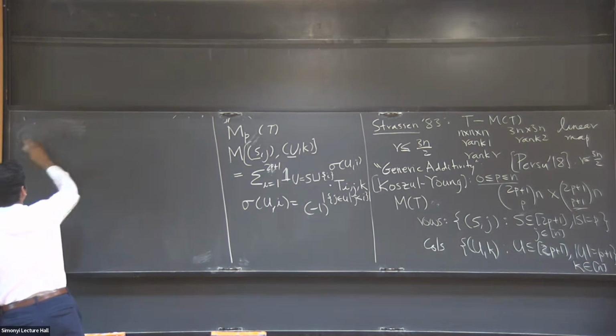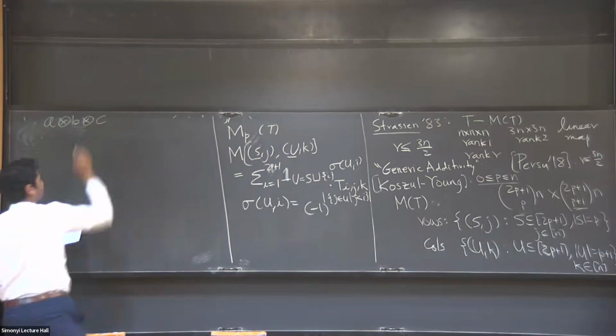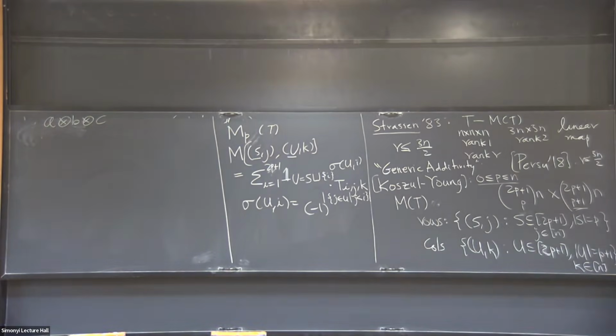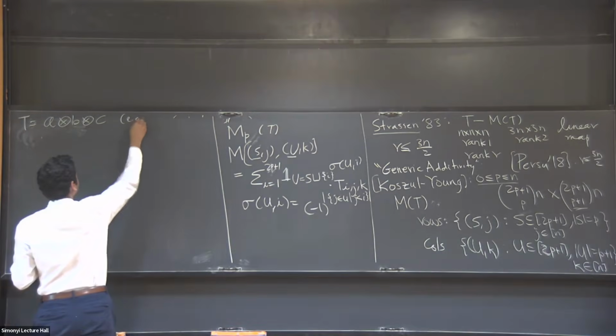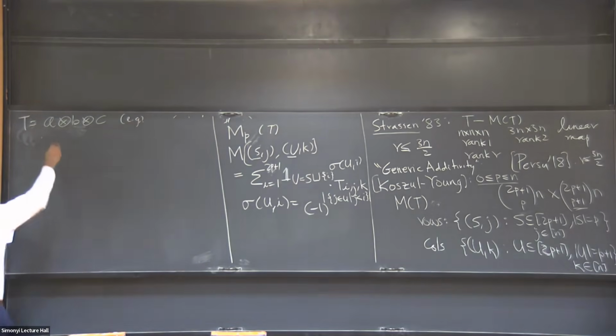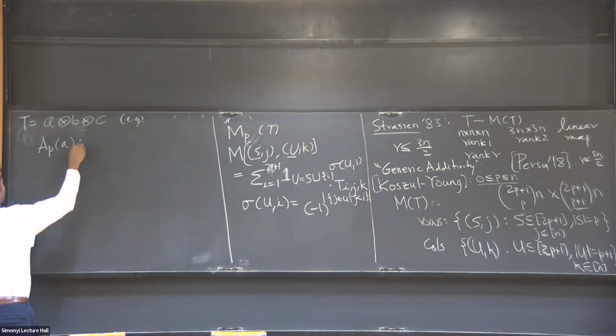I want to describe what happens to a rank 1 tensor a tensor b tensor c. This is an example, so I'm going to call A_P of A the following matrix.